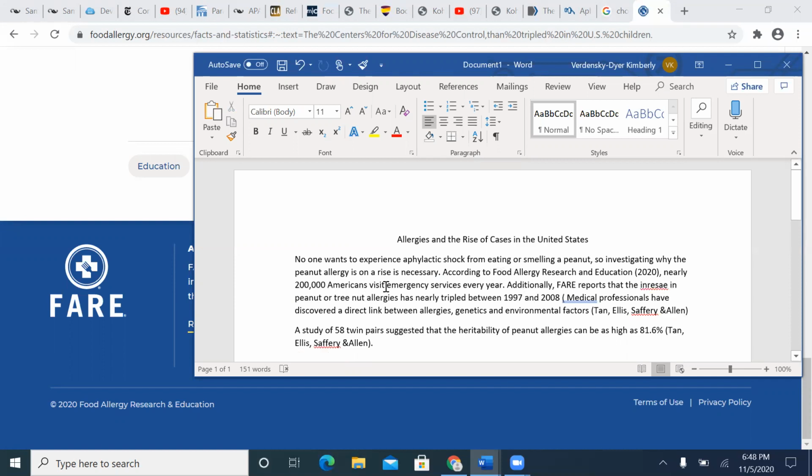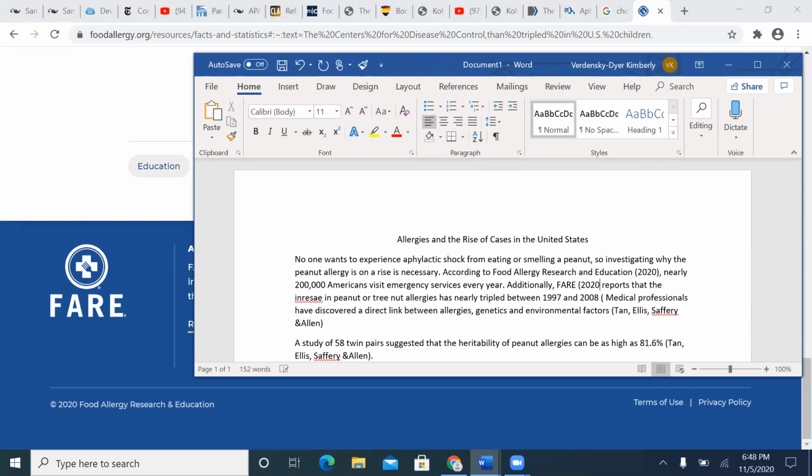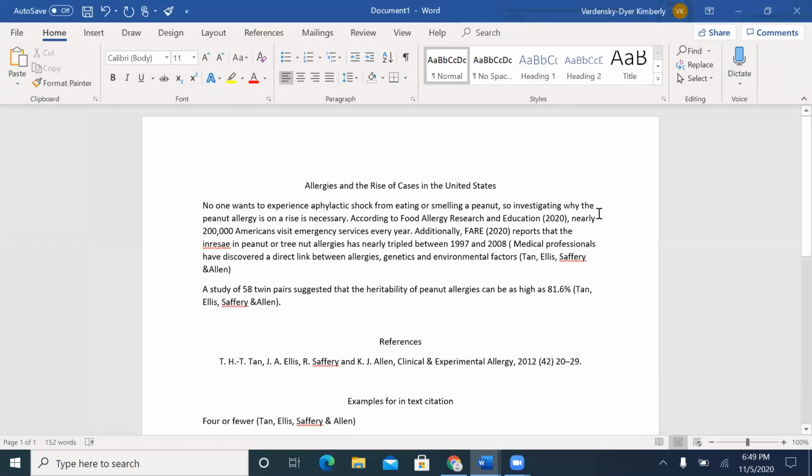Nearly 200,000 Americans visit emergency services every year. Additionally, FARE reports, so again, I've mentioned the organization as the signal. But I'm going to go ahead and restate the year just so that it's clear that all of this is continuing to come from a source. So again, notice how I am summarizing. I'm putting the information in my own words. I'm not just copying and pasting and dropping quotes into my text. This is the synthesis, okay?